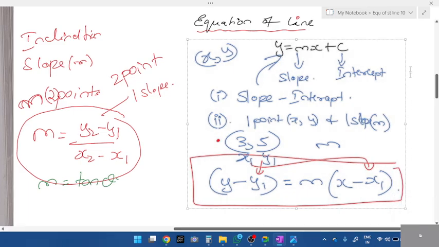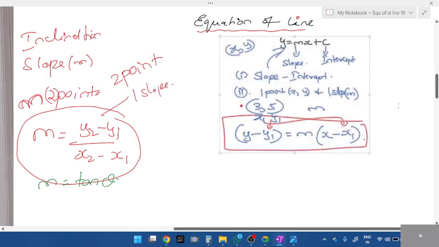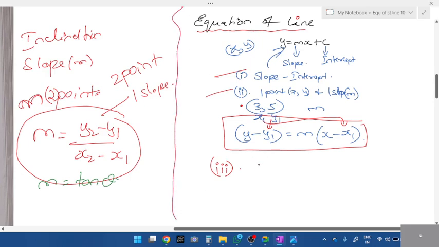All of you will write this on the right hand side, equation of a straight line. The first are completed, students: slope intercept, one point and one slope. Next we'll have two points. The equation of a line when two points are given.